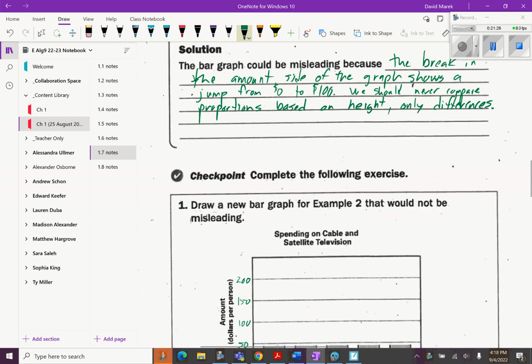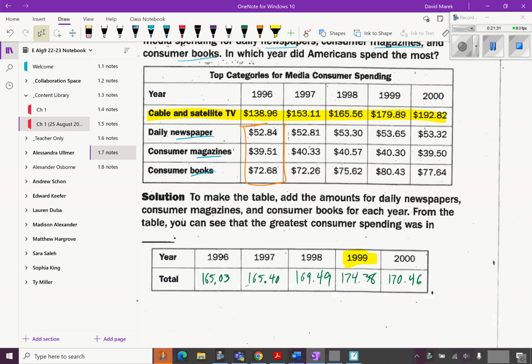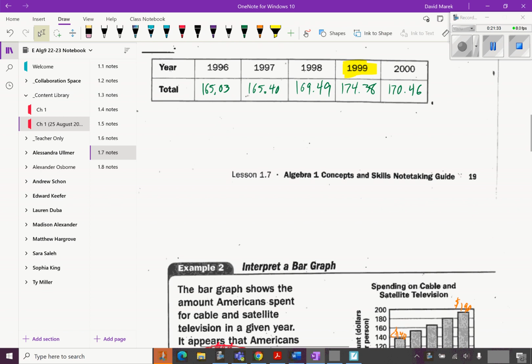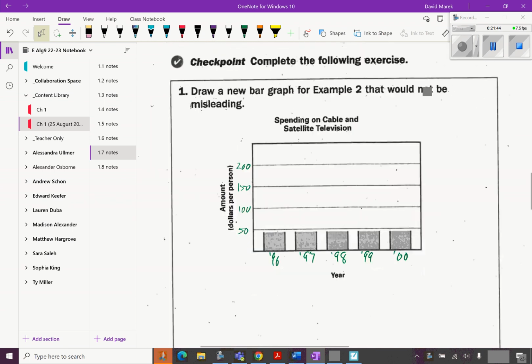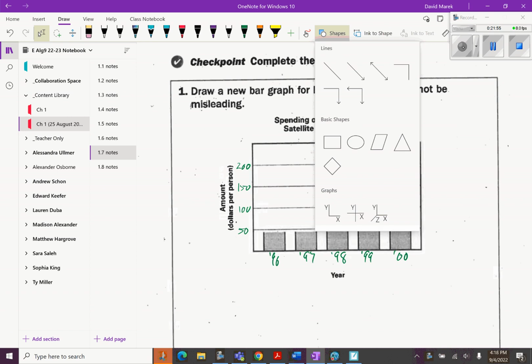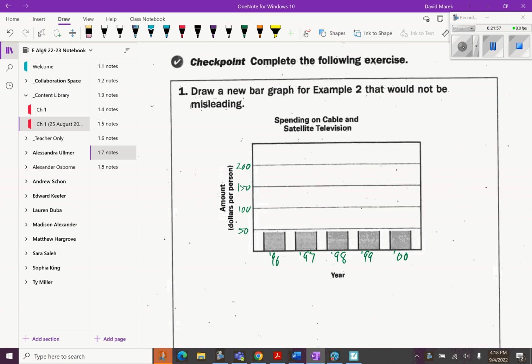So then it's a matter of, all right, we need to represent the actual data itself. So $138.96. That's not perfectly understood by looking at this graph here when it was zoomed in to a much smaller range. It's going to be impossible to put that in here exactly. But again, what I would say is, are we going to be able to do this?